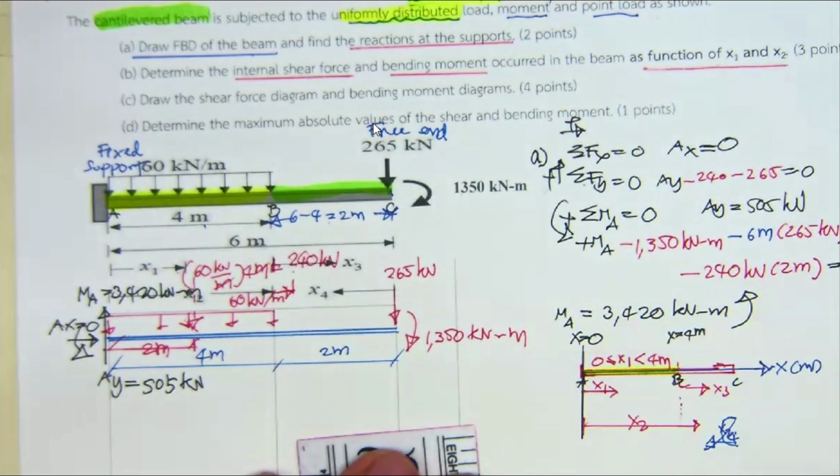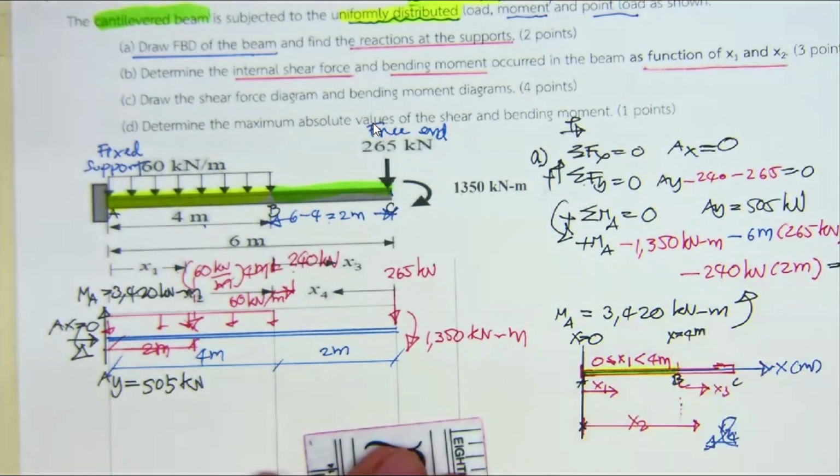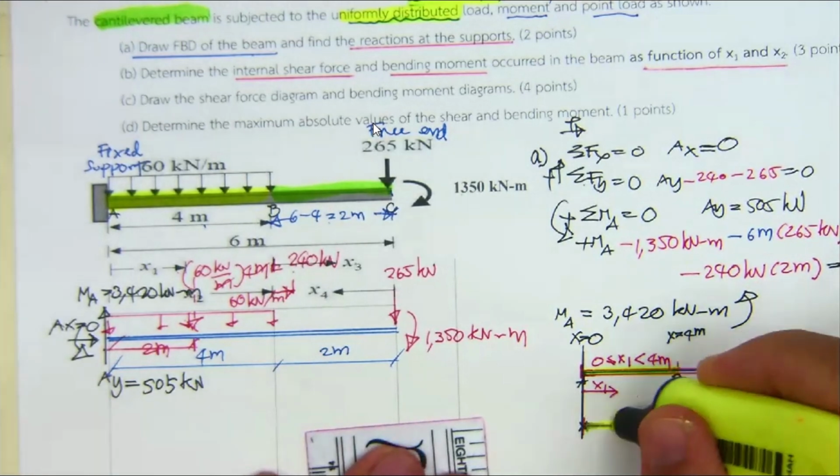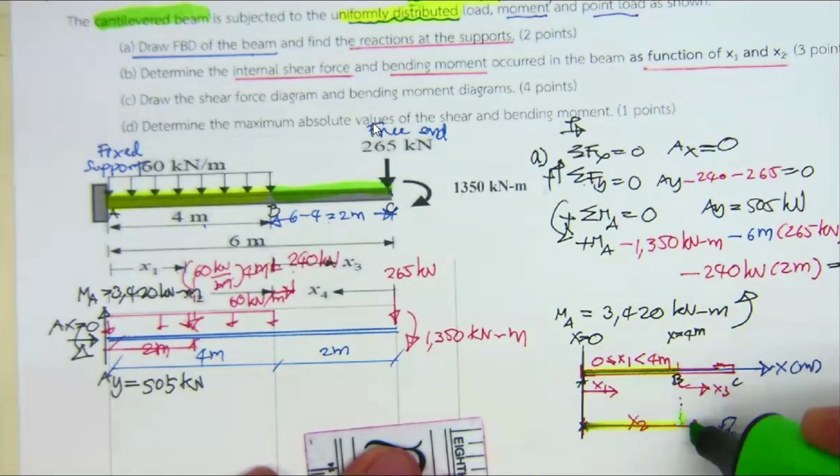It's going to be something like this one. How about x2? Again, x2, you start from here. But since here to here is already used, x2 is going to start from this point.